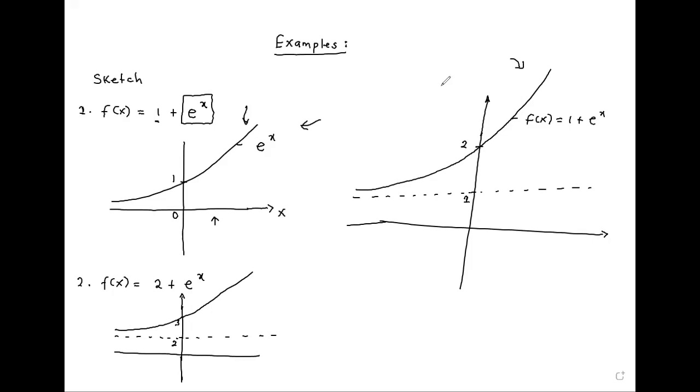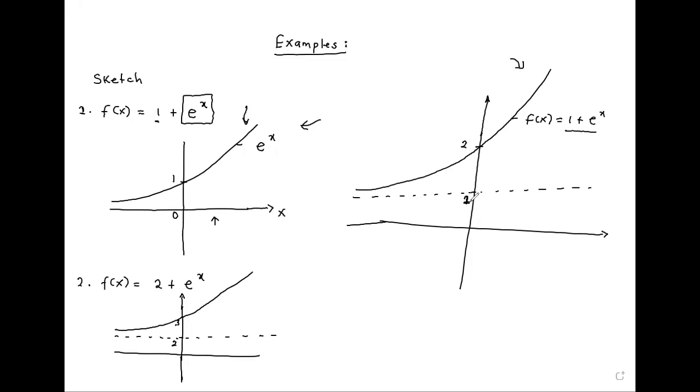Look, what we did here is we shifted the 0, which was the x-axis, 1 unit up. And so it became 1. Then we are saying e to the power 0 is 1. So what is 1 plus 1? 2. That's why it crosses at 2.